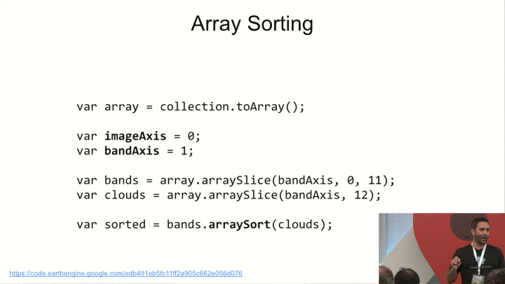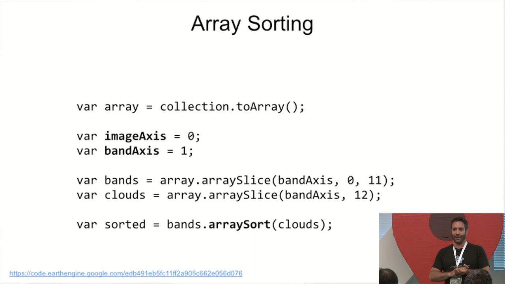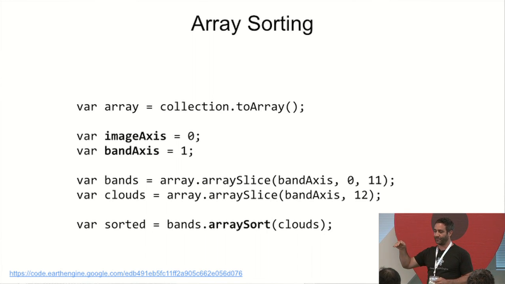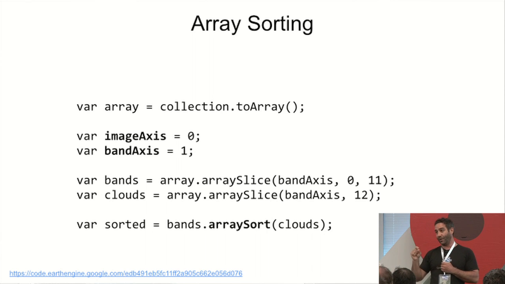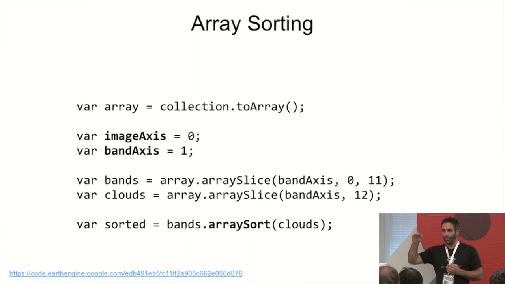If you call quality mosaic, you can get the best pixel in terms of some score, for example, cloud score or NDVI to give you the greenest pixel, in which case you will get that exact pixel. But what if you want some other slice out of that whole time series? So this is how you get that.